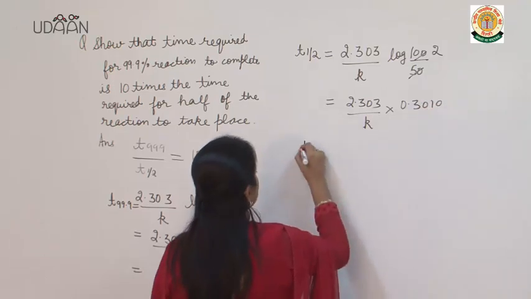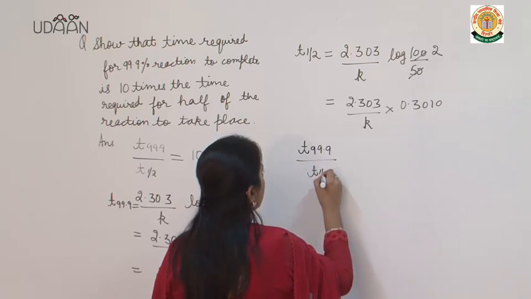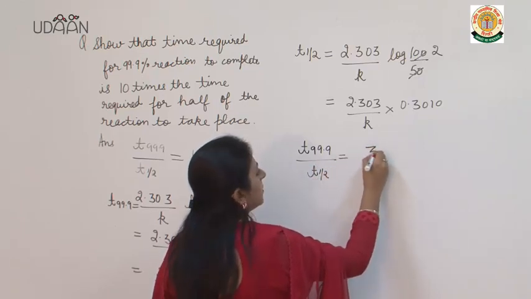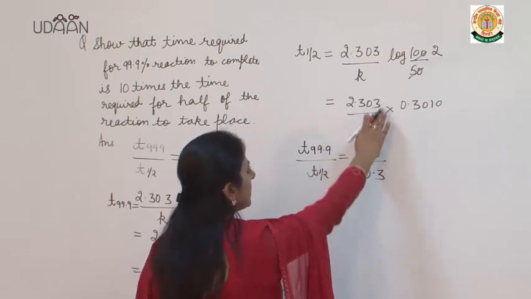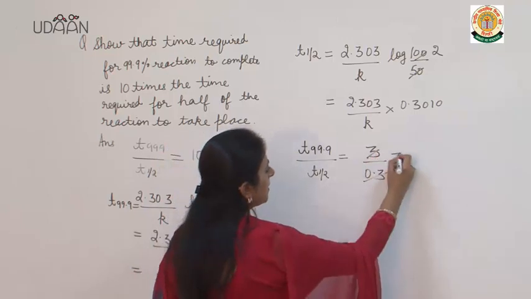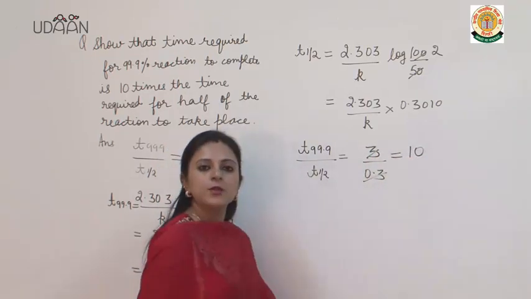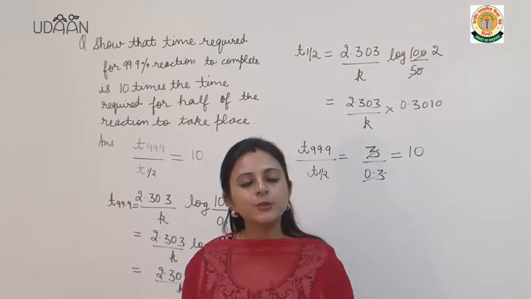So when I take the ratio T 99.9 upon T half, I get 3 upon 0.3, because 2.303 by K is common in both, it gets cancelled. So that means I get 10. So this is how we apply the concept to the formula.